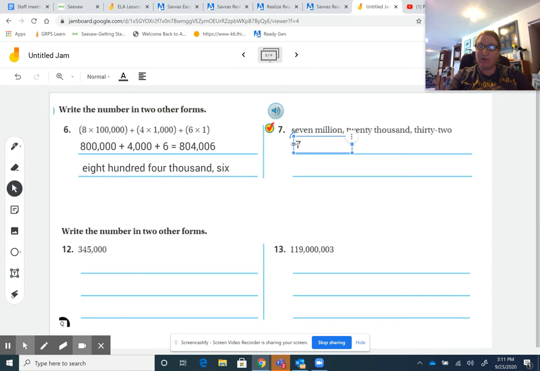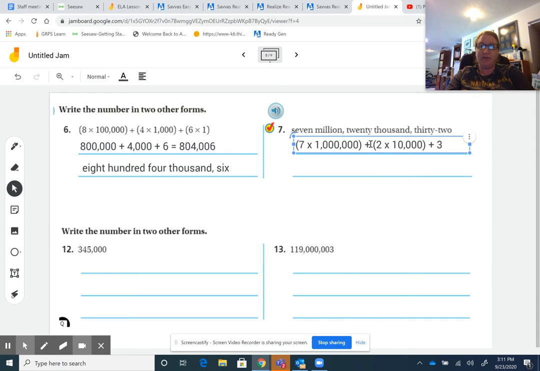Actually, I'm going to put it in expanded form first. 7 times, it's in the millions place, so 1 million. Need parentheses. 7 times 1 million plus 20,000, so 2 times 10,000, because I want it to be 20,000, plus 30.